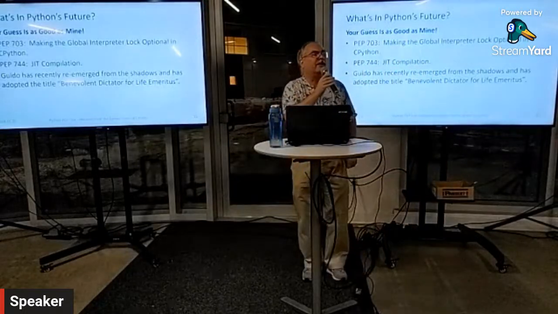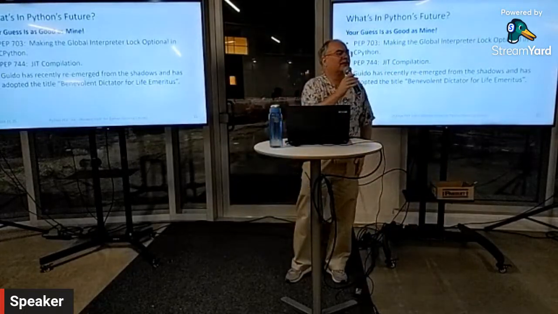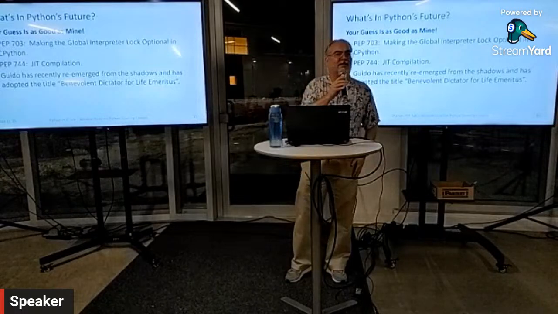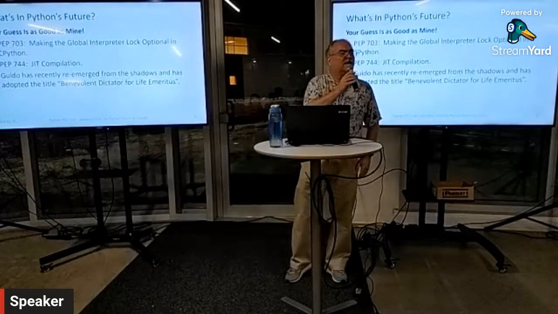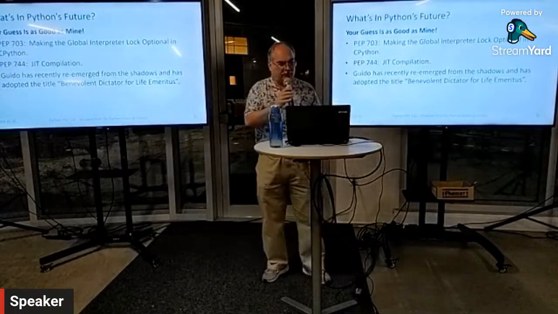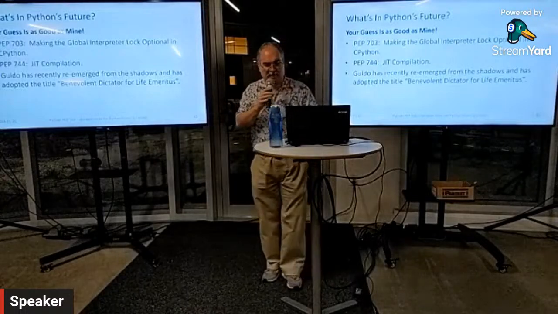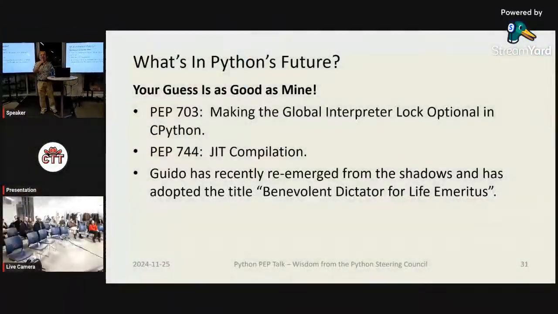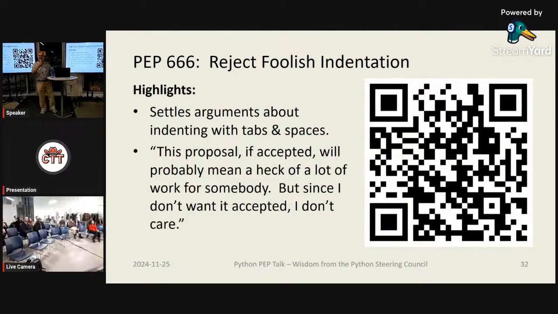Any other questions so far? Okay, well, we've got quite a bit of time left, so I'm going to show you a couple of other things. When people submit Python enhancement proposals, most of the time they want the proposals to be accepted. One was submitted hoping it would be rejected right away as Python PEP 666.